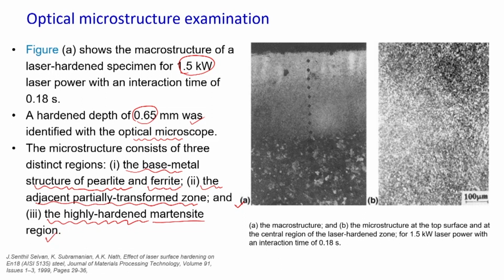So, during this optical micrograph study, it was noticed that there are 3 distinct regions. The first region is the base metal, which has pearlite and ferrite. There is an adjacent region, and here you can notice this is the partially transformed zone.